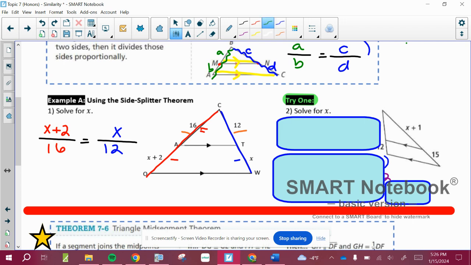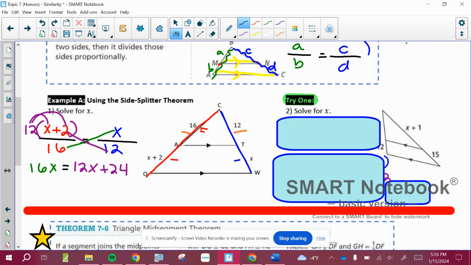Okay, and then just like we've been doing in class, I'm going to cross multiply these. So 16 times x is 16x. I'm going to set that equal to my other cross product here. So make sure when we multiply 12 by this, we're going to multiply 12 by the entire thing. So 12 times x, but also 12 times 2. So that's plus 24.